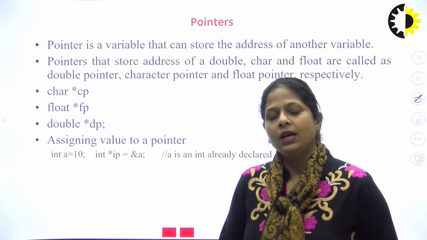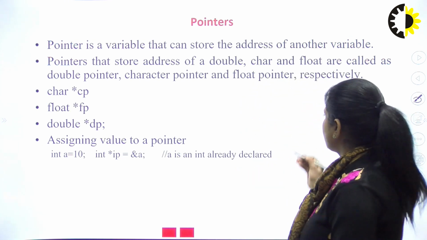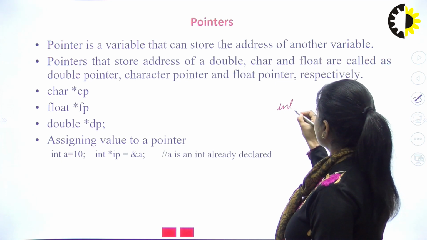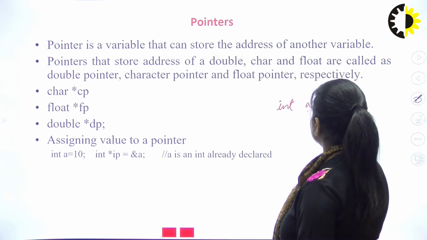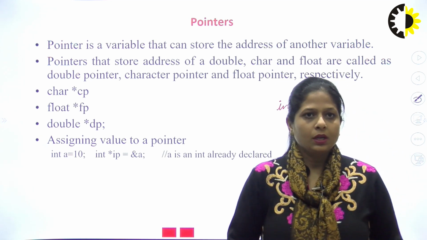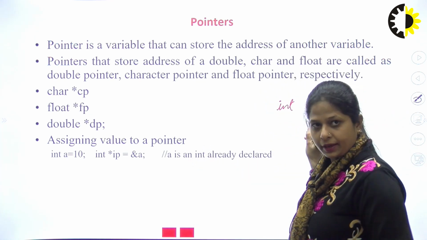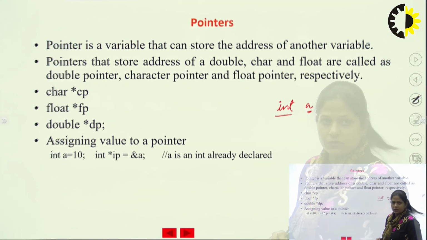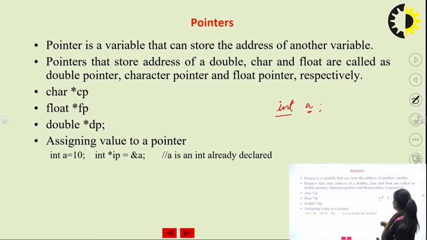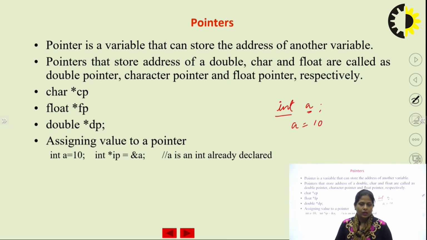In simple words, if I take a normal variable, for example, I have taken an integer type of variable a. What does it mean? We have declared a variable a which is of type integer, and it can store any value. Suppose I have initialized a is equal to 10, so I have assigned the value 10 to a.